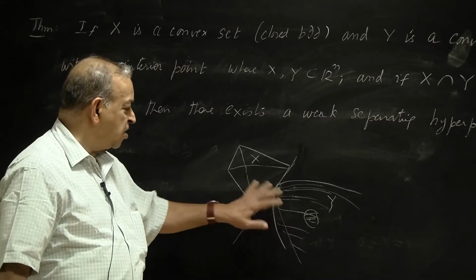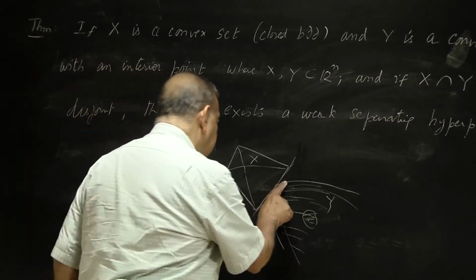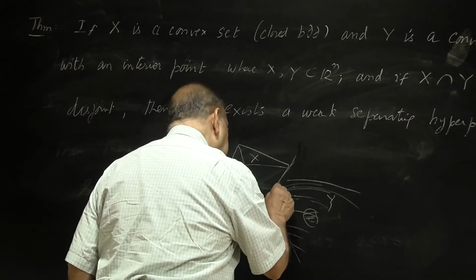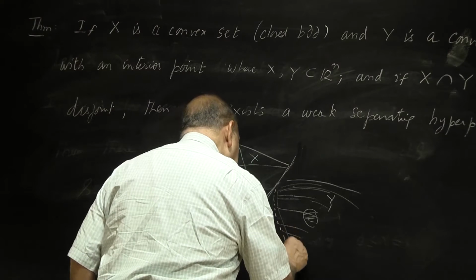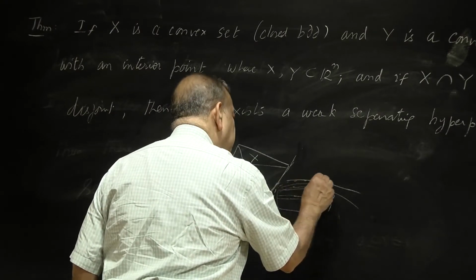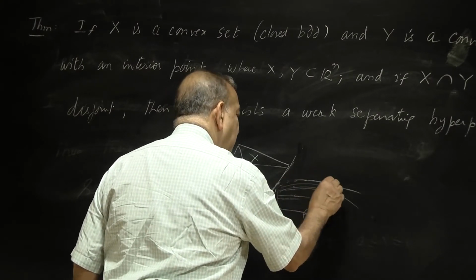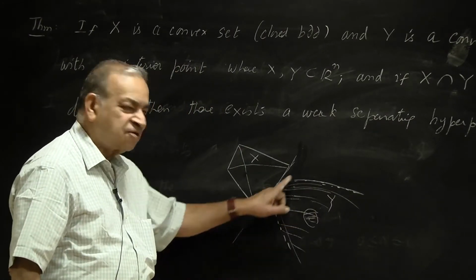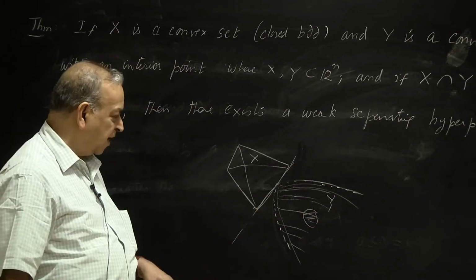Then, if these two sets, in fact, you can even assume it need not be closed. That means points other than this so-called boundary, it can be there.